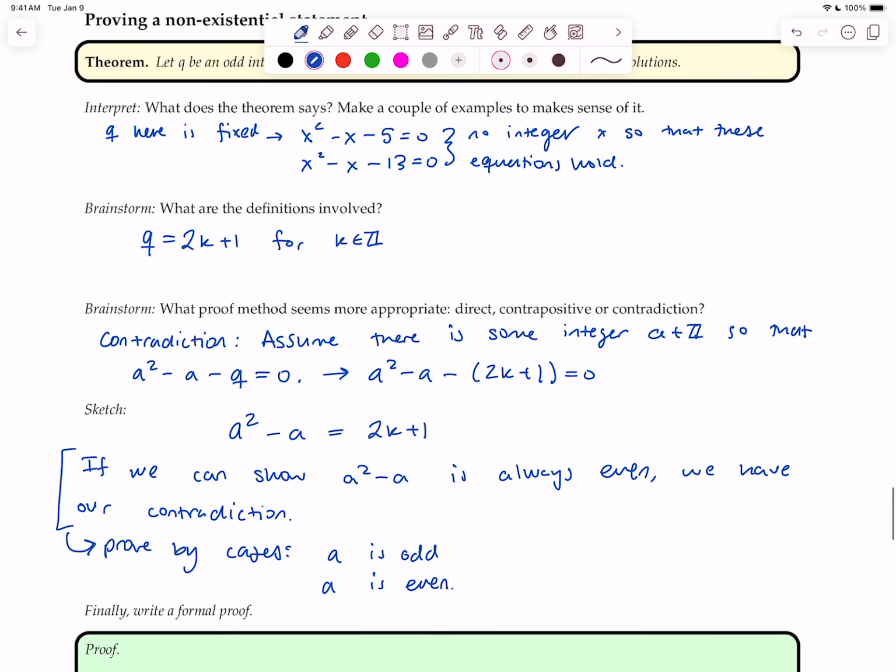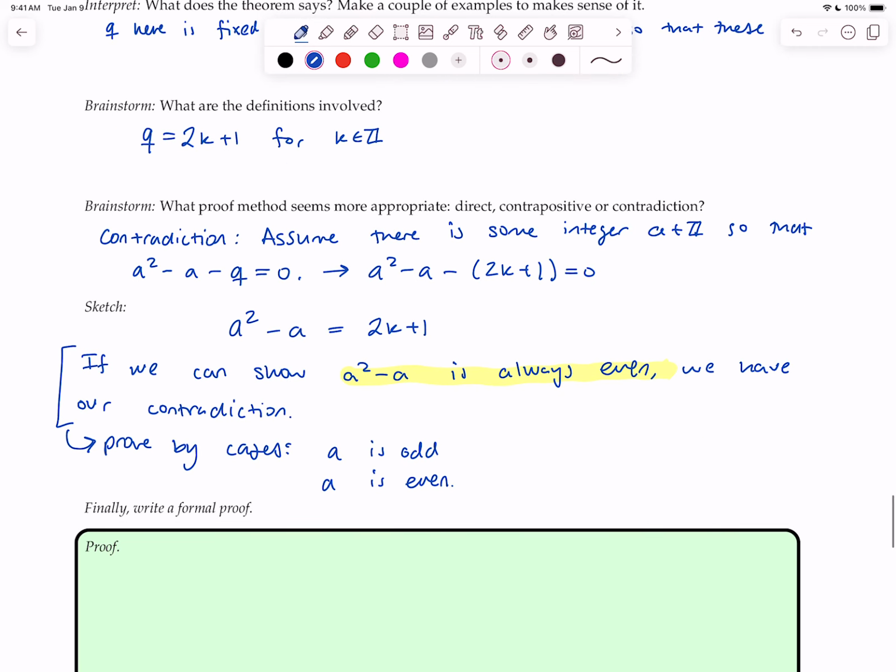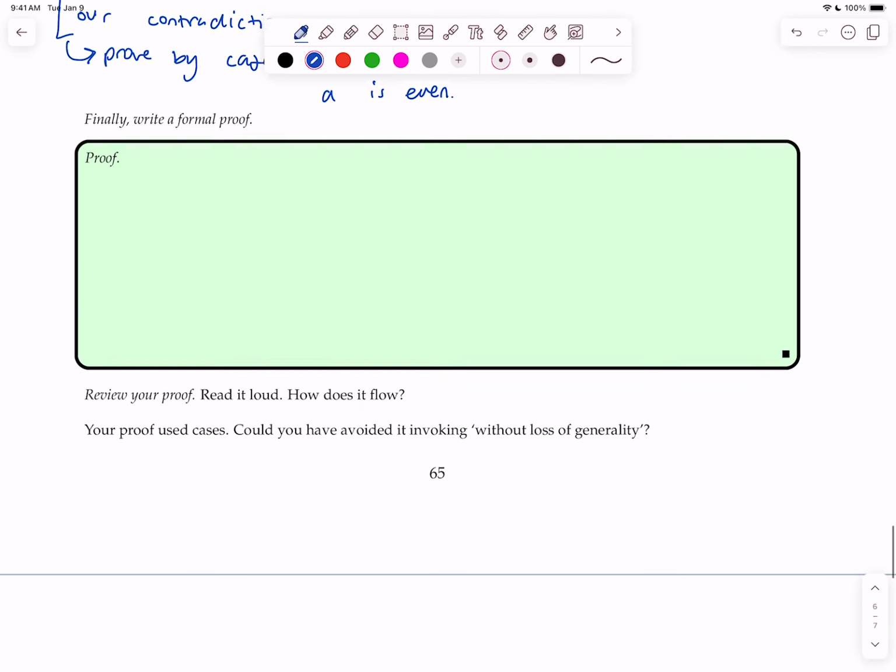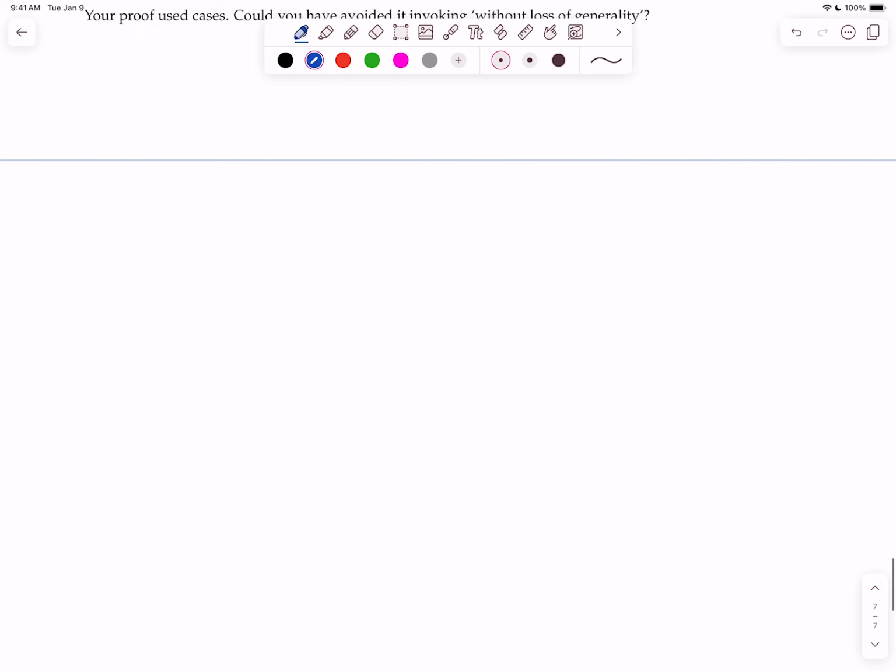So it looks like this proof really hinges on this little fact that a squared minus a is always even. Now, whenever you have a proof that really hinges on one key fact, it's classic to write a lemma. A lemma is a little result before your theorem that helps you prove the bigger result. So before we write the formal proof, let's write down a lemma.